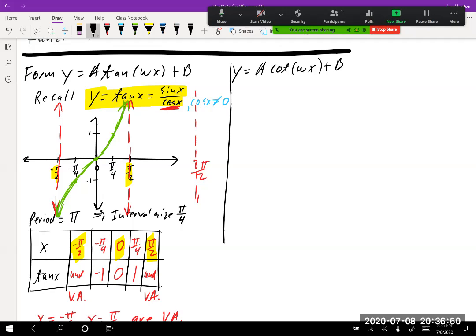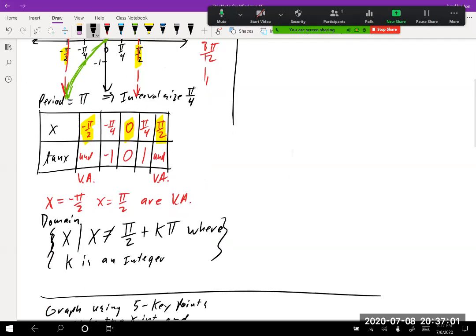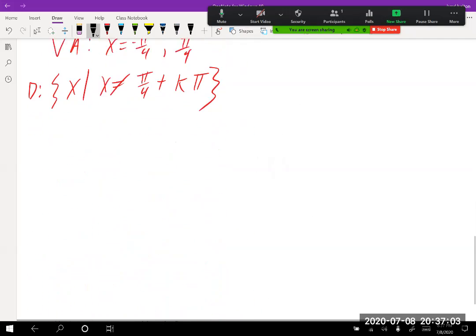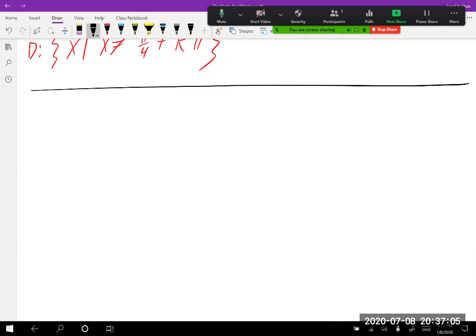Unless I can find a quick one that's real nice and easy. No, I don't have an easy one. So I really want to get into the cosecant and secant though, you guys. So let's look at that. We can come back to that cotangent one if you guys want during a meeting or something like that.